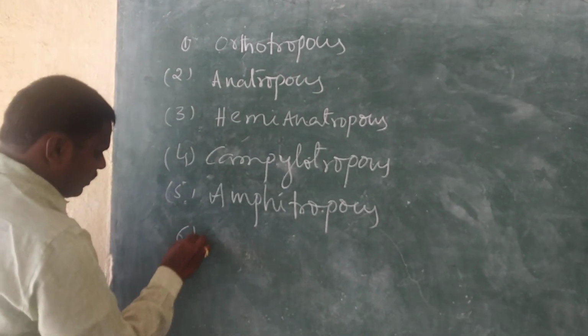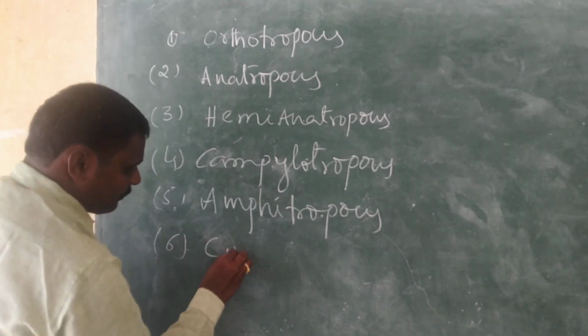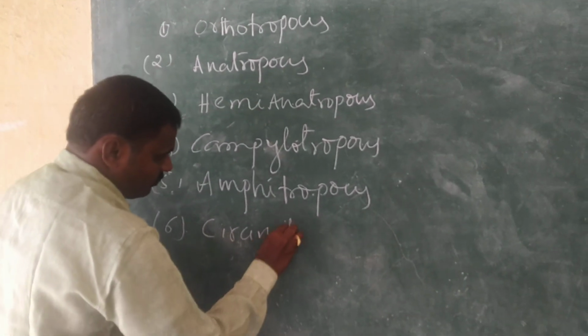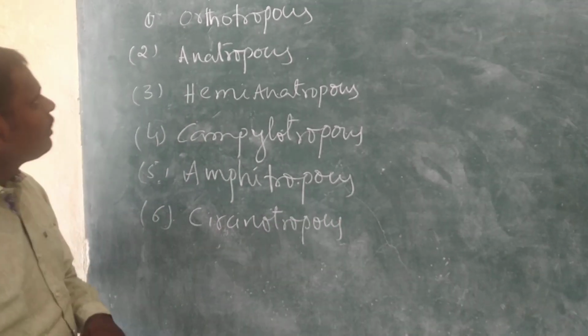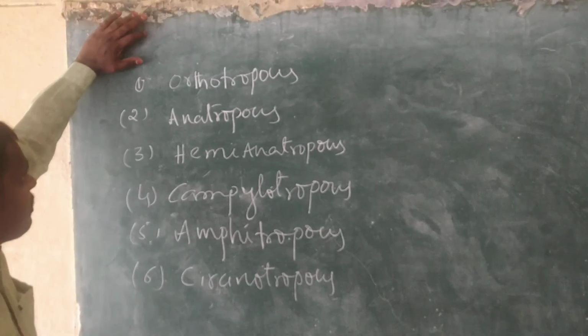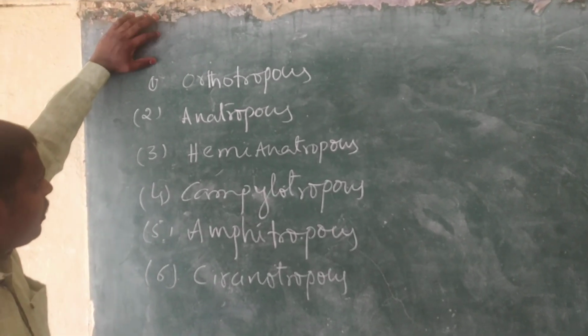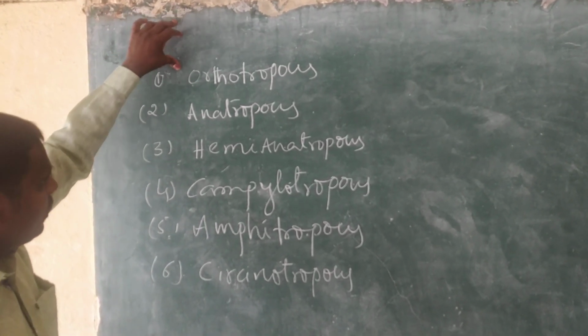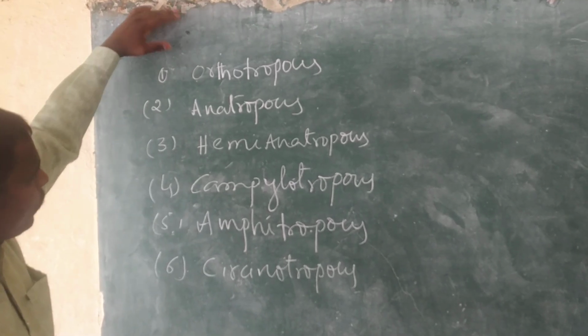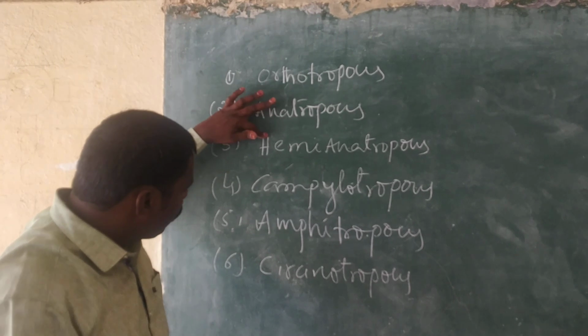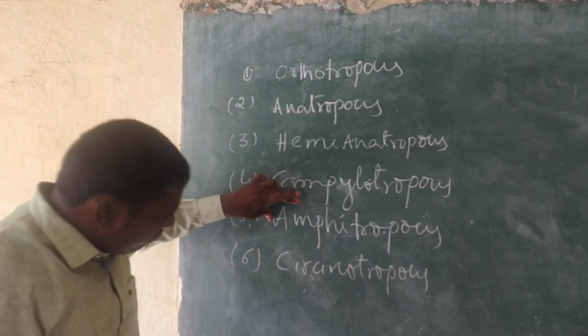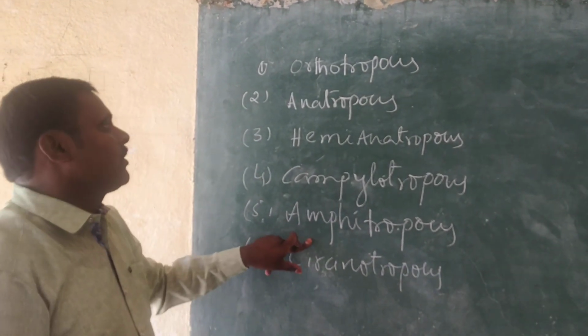And the sixth one is circinotropous. So, based on the position of micropyle in relation to funiculus and chalaza, ovules are of 6 types: orthotropous, anatropous, hemianatropous, campylotropous, amphitropous and circinotropous ovules.